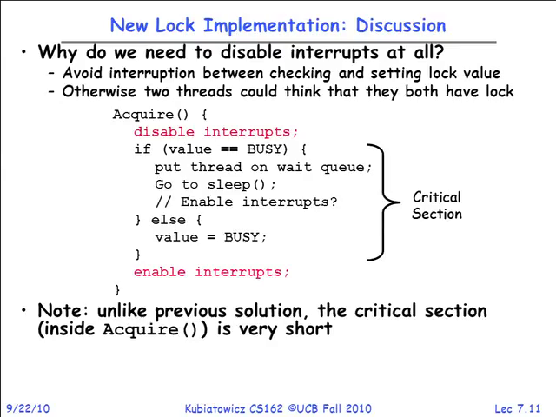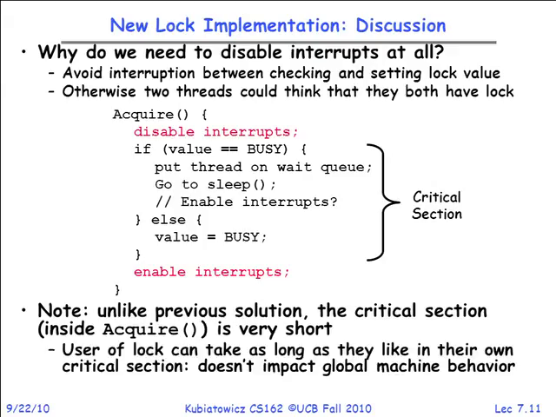So you've got to distinguish the implementation of the lock from the use of the lock. Is everybody with me on that? Questions? The user of the lock can take as long as they want.